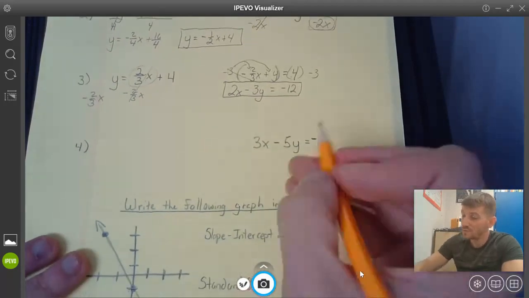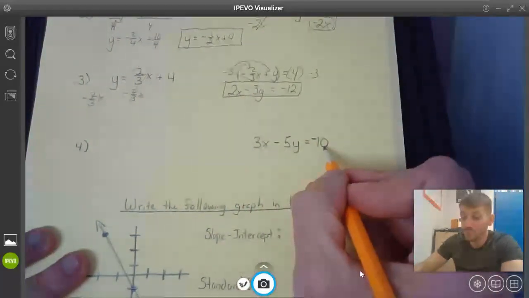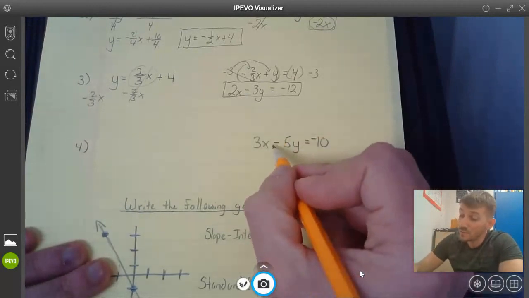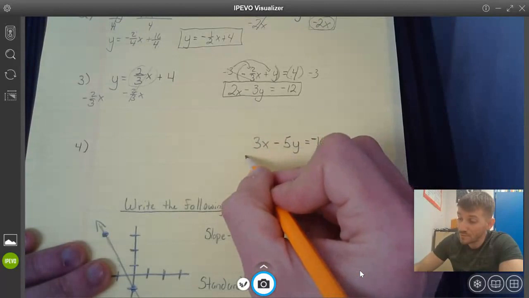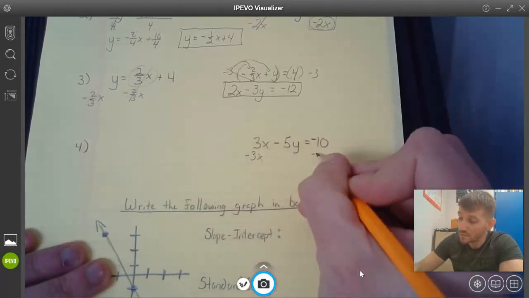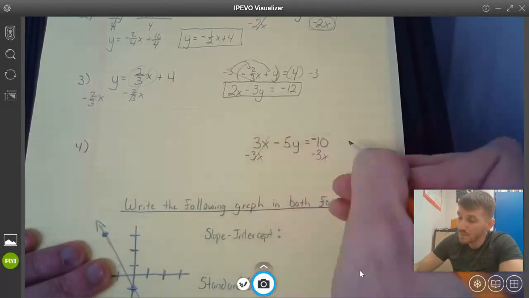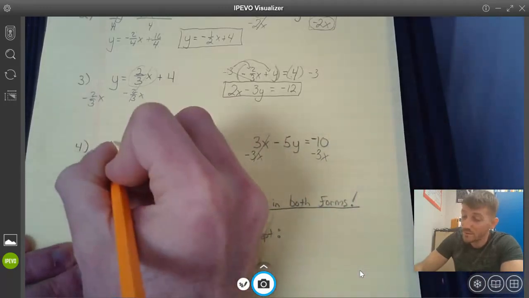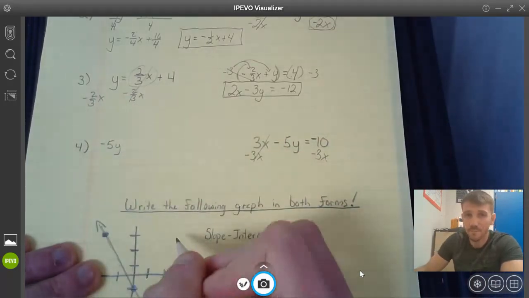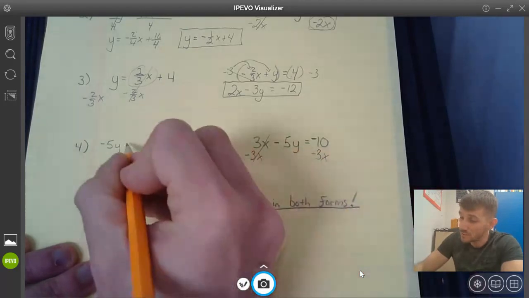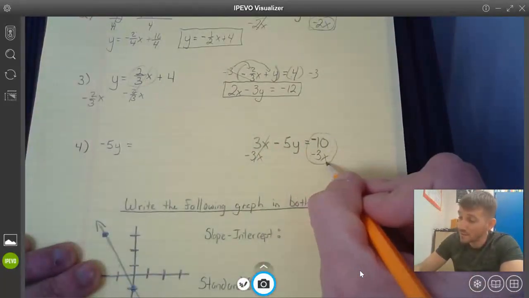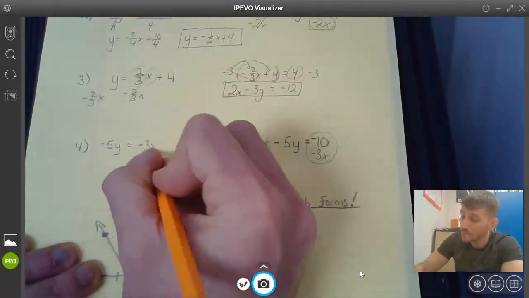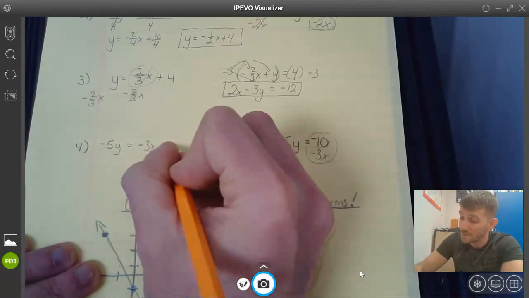If we gave you standard form, let's go back to y equals. So 3x is on the wrong side. We need it over here. So to get rid of 3x, I'm going to subtract 3x. That leaves me with negative 5y is equal to, remember we cannot combine these together, but we can write mx plus b. So mx plus b would be a minus 10.